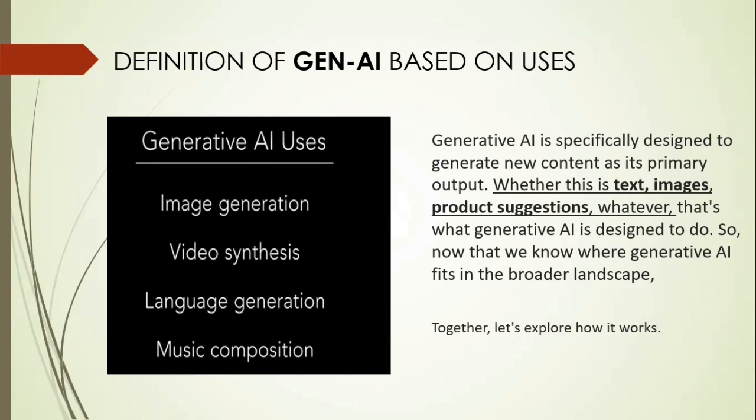Now, image generation is vastly used in the movie industry. Video synthesization is mostly used by the youth, like all these social platforms, they generate the videos and they put that. So synthesization is happening. They are merging.